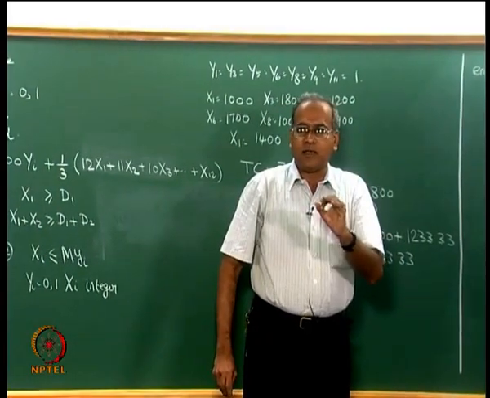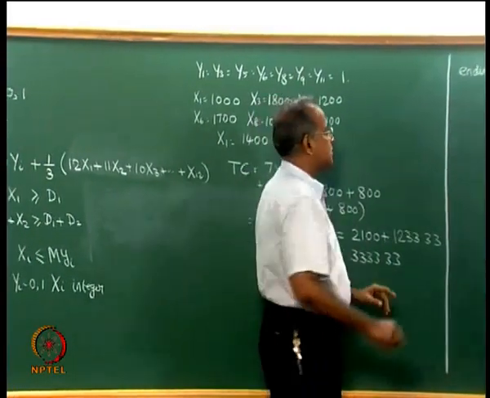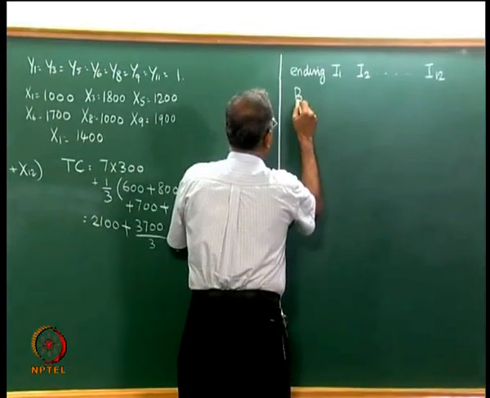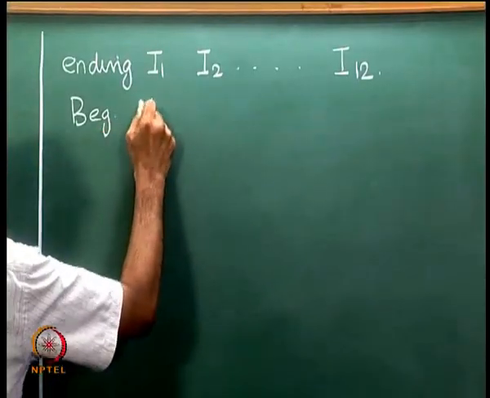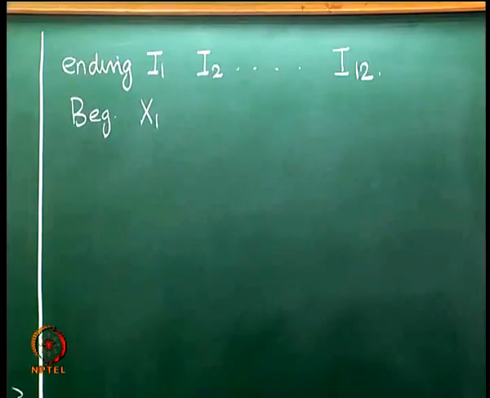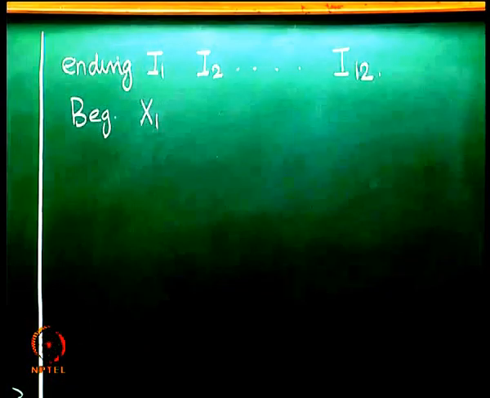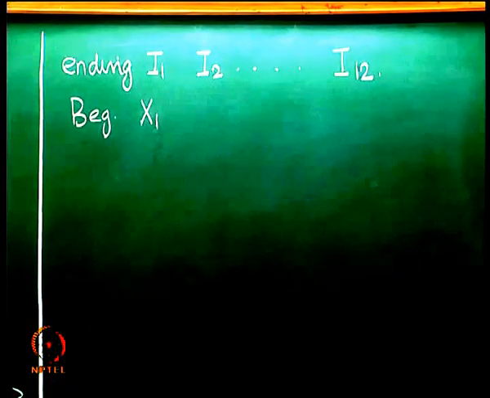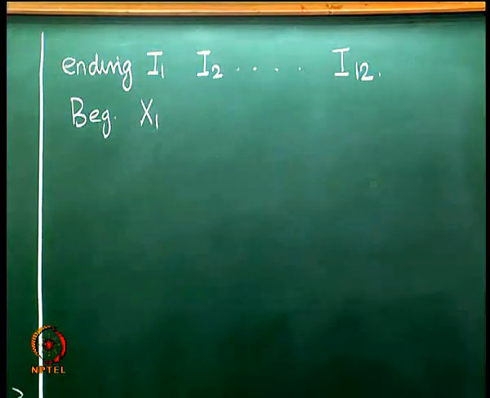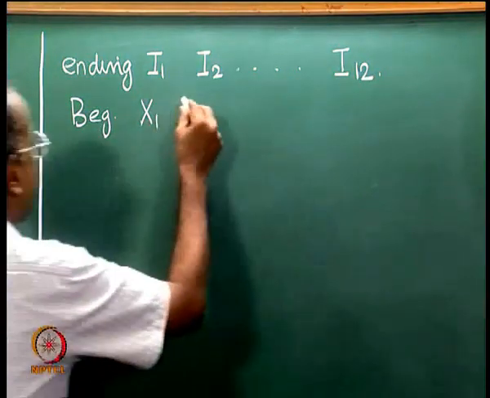So the order quantity is x1. So beginning inventory will be 0 plus x1, which is x1 in the first period. Now at the end of period 1, the ending inventory is I1. Now we order x2 in the beginning of period 2. So beginning inventory will be I1 plus x2.